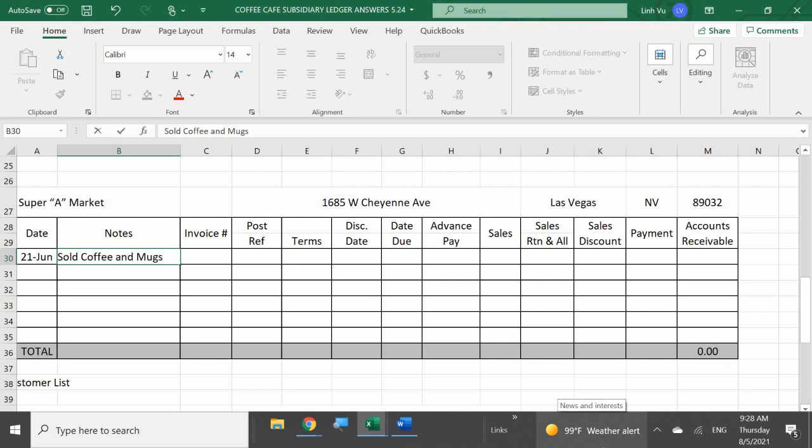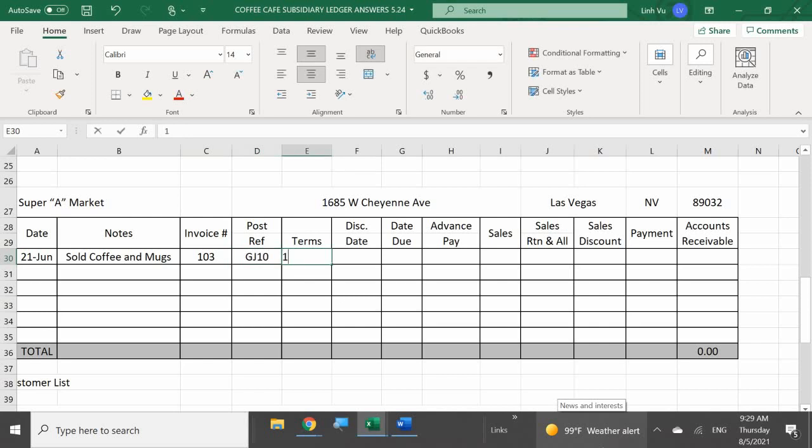You don't have to really do much here unless you want to be very specific about the invoice. So invoice number 103, Journal 10.